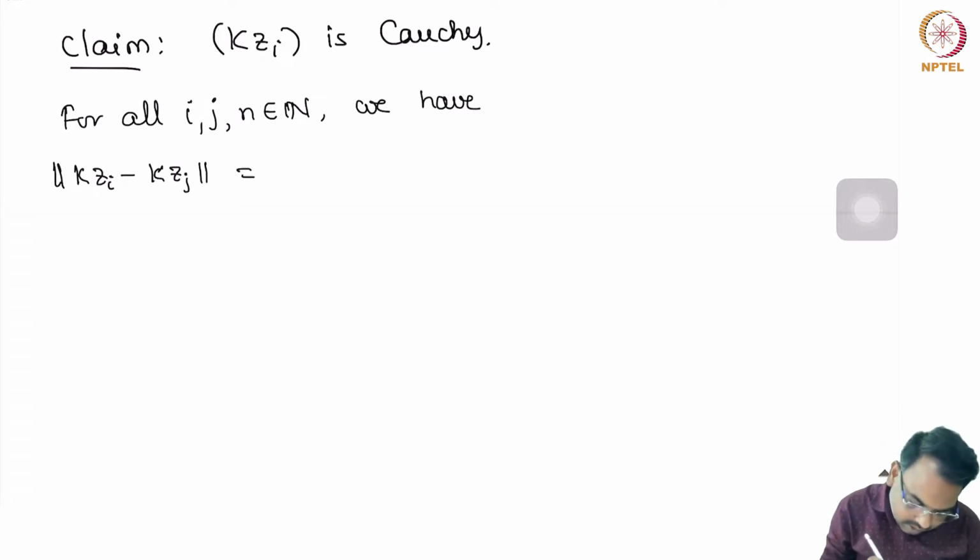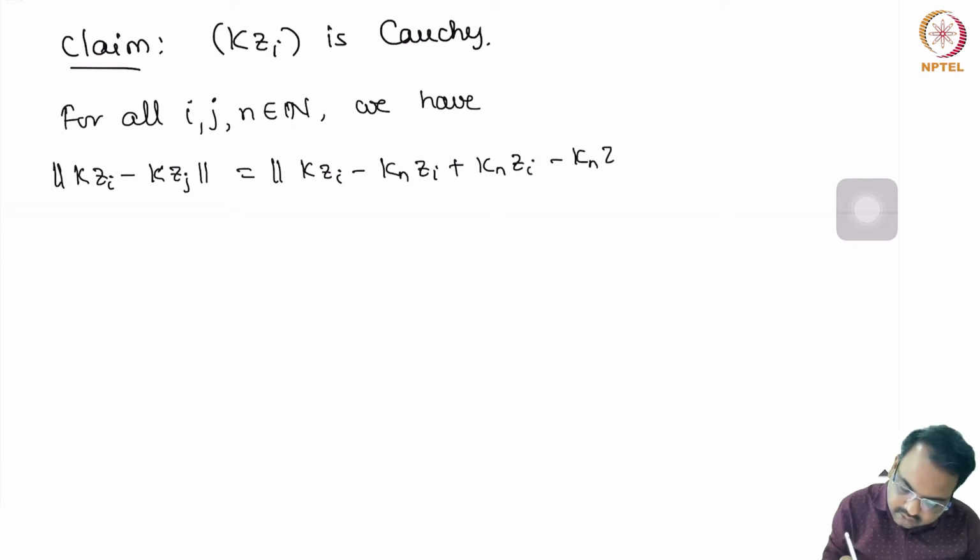This can be written as norm of K zi minus Kn zi plus Kn zi minus Kn zj plus Kn zj minus K zj.